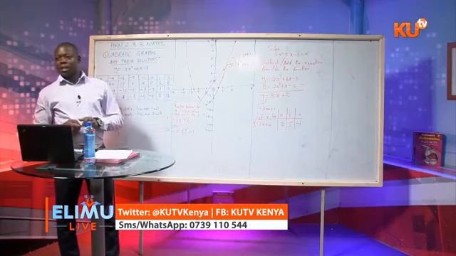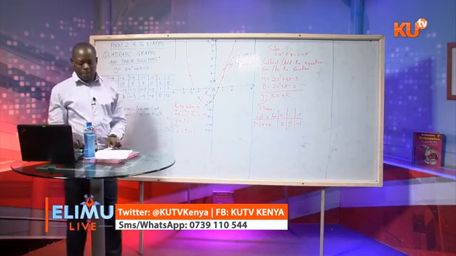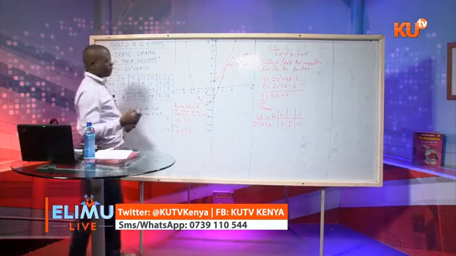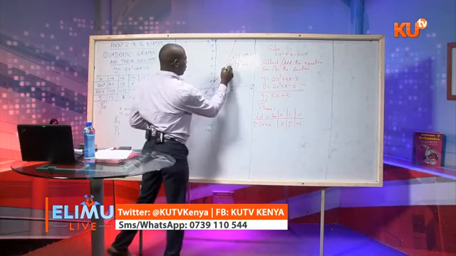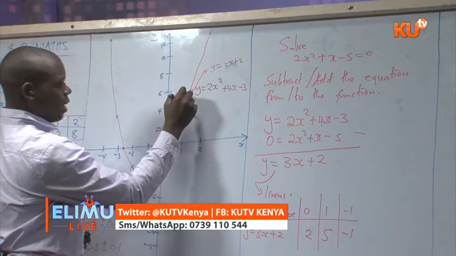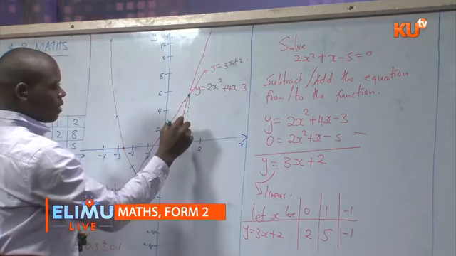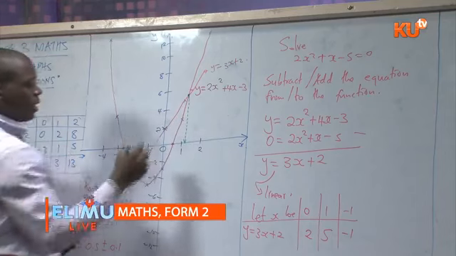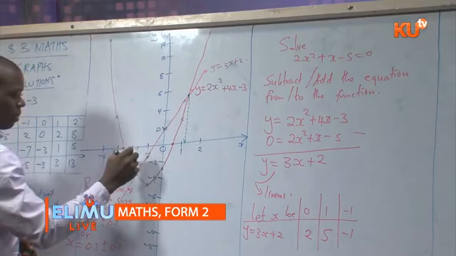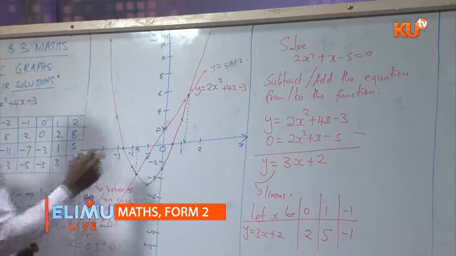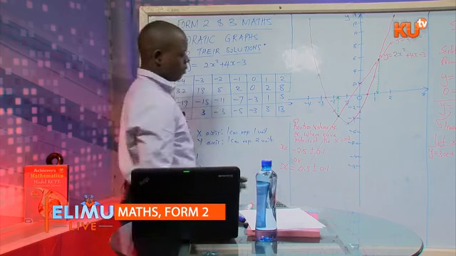And once you've drawn, even before you are told what to do, get the points of intersection of the line with the curve. Because these are what will give you the solutions. And then you extrapolate to the x-axis. And those will become the solutions for your equation.